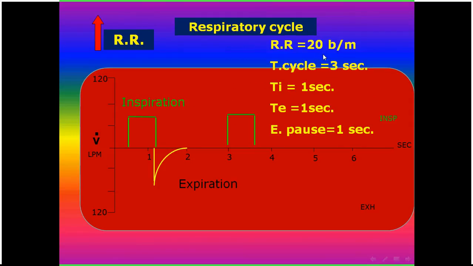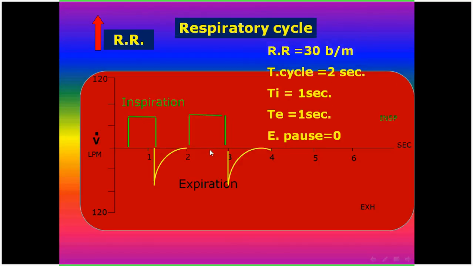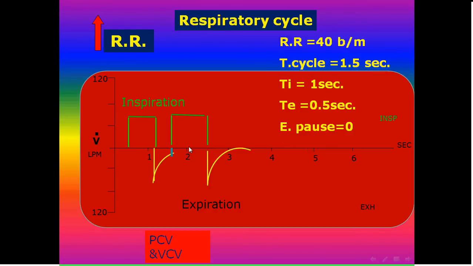If the rate increases to 20, the duty cycle will be 3 seconds: 1 second for inspiration, 1 second for expiration, and 1 second for the expiratory pause. If the patient's respiratory rate increases to 30, the duty cycle will be 2 seconds, with 1 second for inspiration and another second for expiration and no expiratory pause. What will happen if the rate increases from 30 to 40?